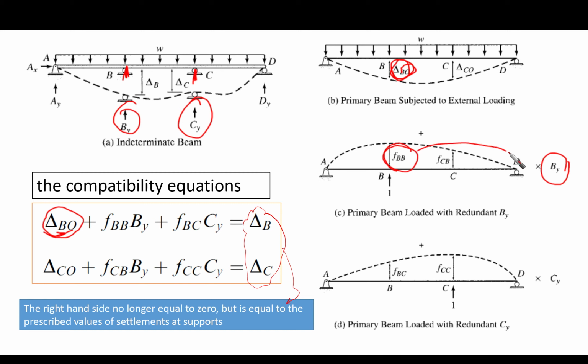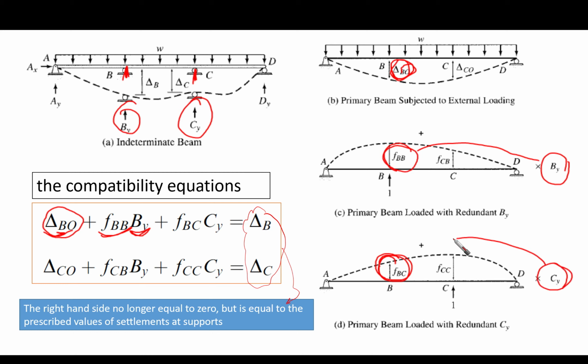So this is FBB, the flexibility coefficient, times BY, the redundant, plus the flexibility coefficient at point B in the third system when the load is applied at C, times CY.